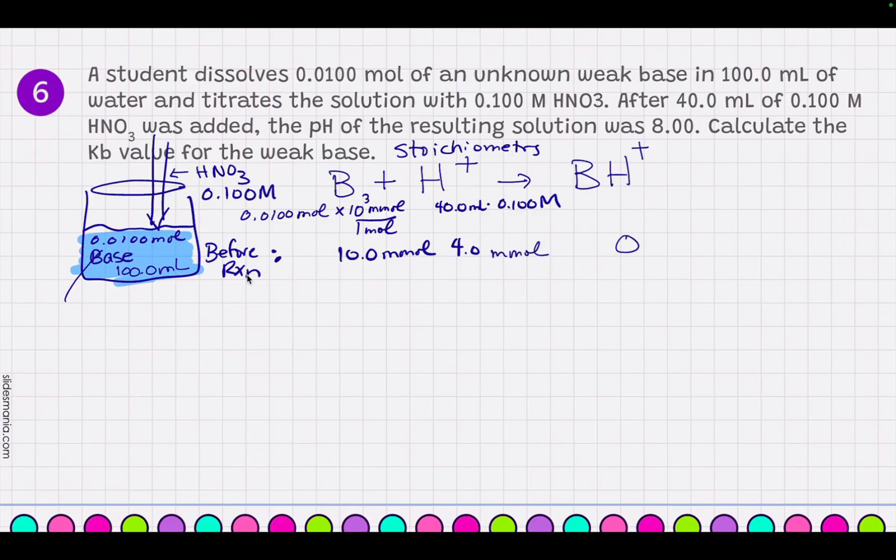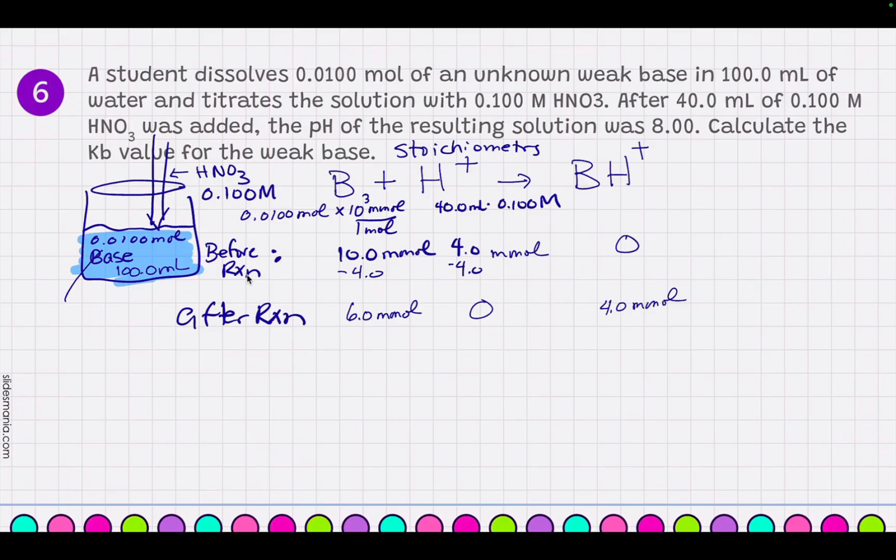So you'll have 4 millimoles of hydrogen ions, and none of the weak acid at the beginning. After the reaction, the hydrogen is going to be our limiting reactant and run out. So we'll have 6 millimoles of the base, 0 of the hydrogen, and we'll have made 4 millimoles of the weak acid.